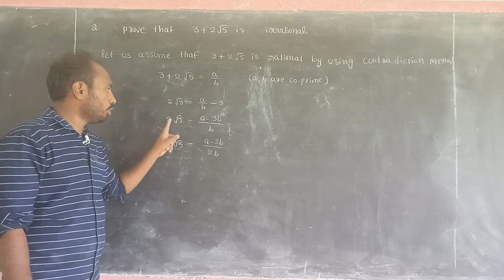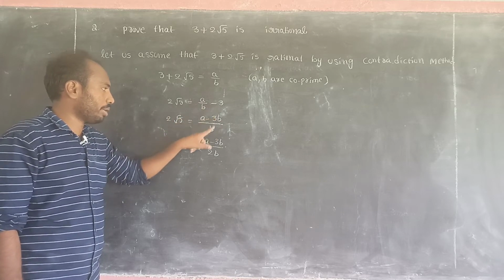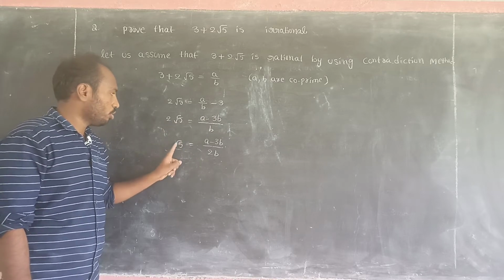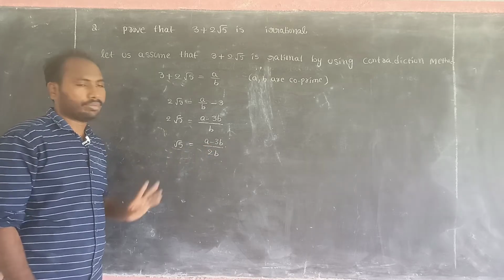Taking LCM b, cross multiplication, 2 root 5 is equal to a minus 3b by b. Transposing 2 to the right side, division: root 5 is equal to a minus 3b by 2b.